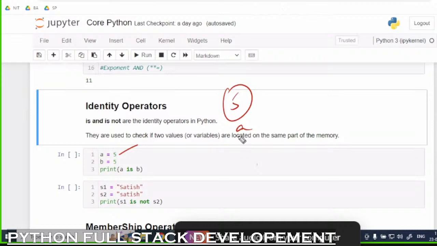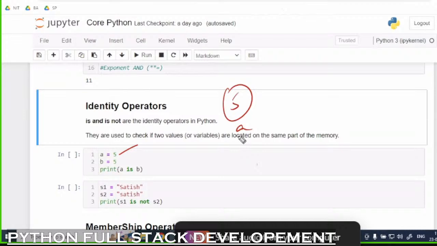Right? S1 is equal to Satish and S2 is equal to small satish. Now you are asking whether S1 is not S2. Meaning, are this one and this one different? Yes, both are different, because capital Satish will be stored in this object S1. Small satish will be stored in a different object, because Python is case sensitive. So this value is different and that value is different. Now I'm asking whether S1 is not S2, meaning both are not the same.